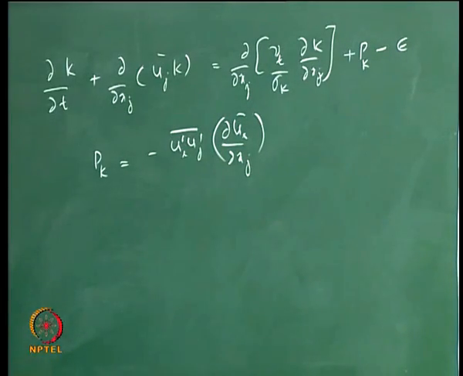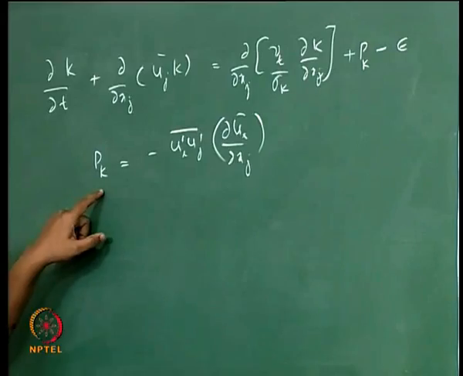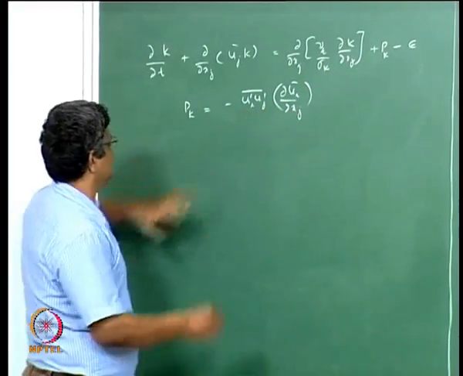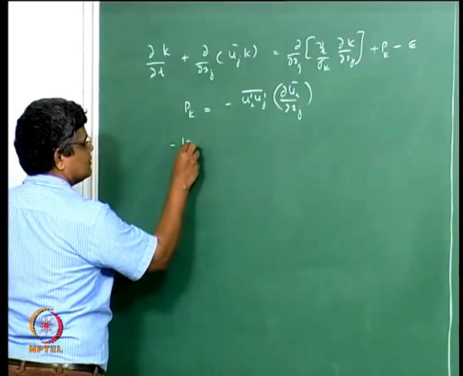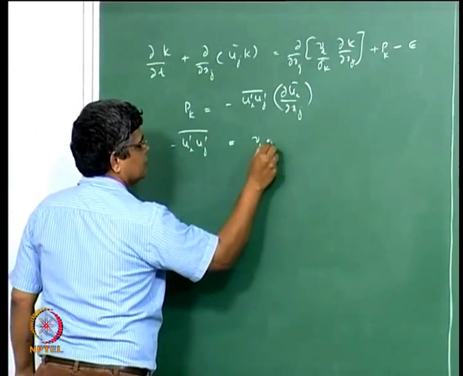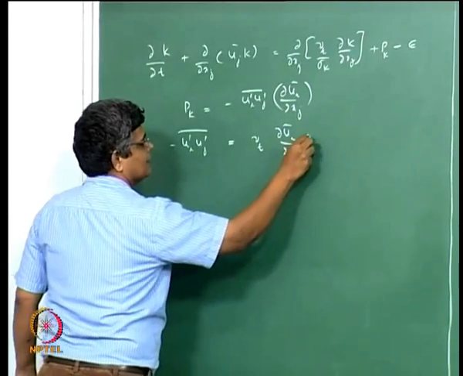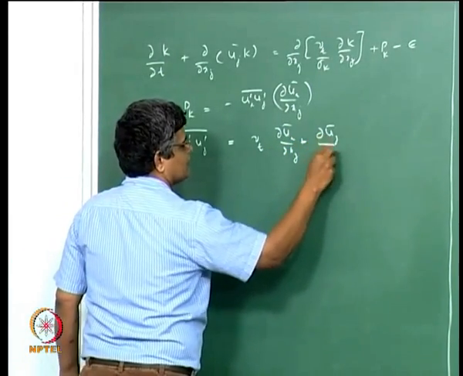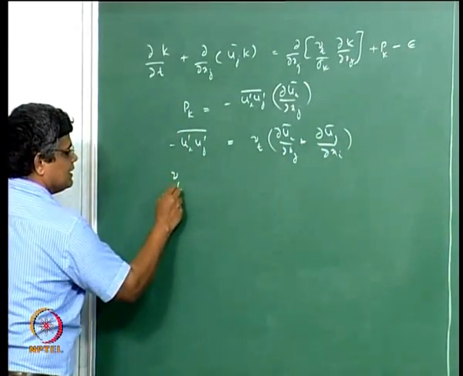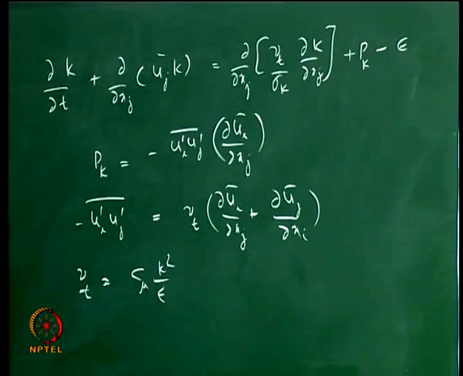in terms like this. So where you have large mean velocity gradients, you have a production of turbulence which goes into this as a source term, and this itself is represented in terms of nu t, dou u i bar by dou x j plus dou u j bar by dou x i, where nu t is given as c mu k square by epsilon.